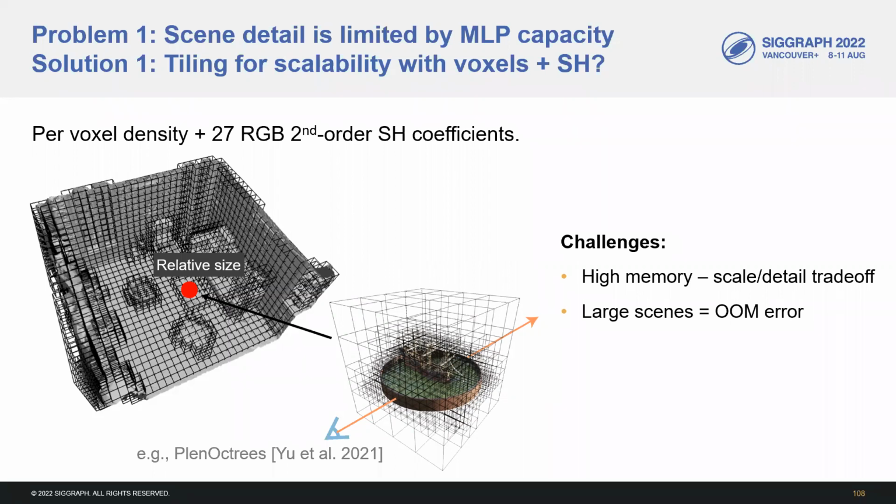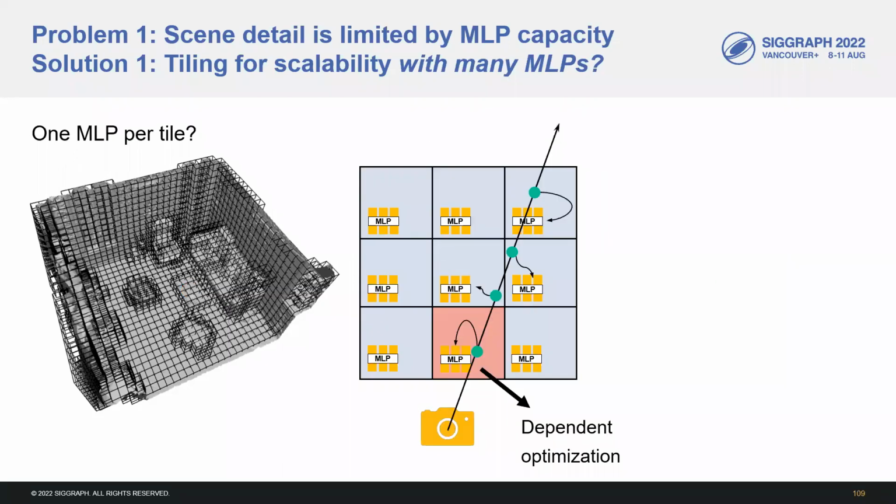Okay, so let's get back to the MLPs. MLPs are really good at compressing things, right? Okay. What if we have one MLP per tile? That seems good. But no, not really, because now the optimization for this tile is dependent on all of the other tiles, because the points must be sampled along the ray, and the ray is going to intersect many, many tiles. Right?